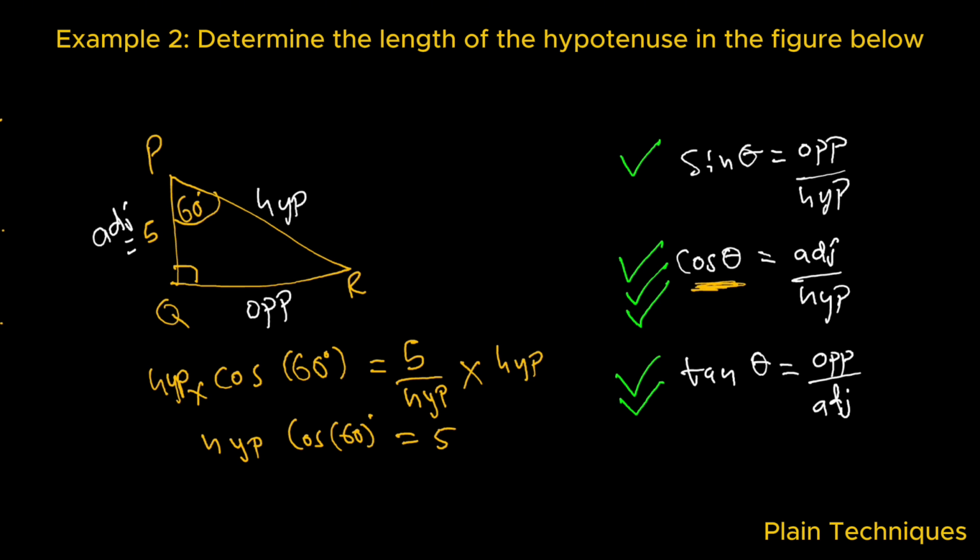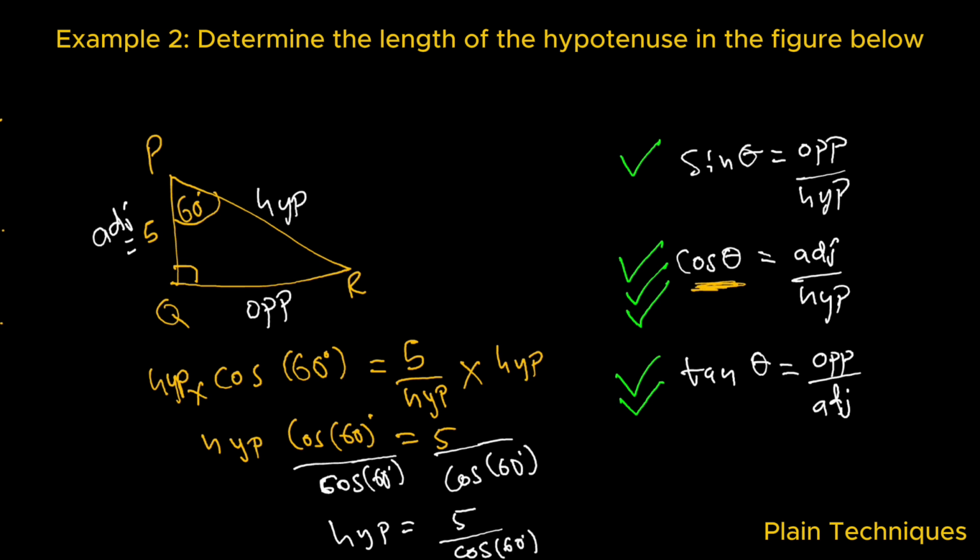I need to divide by cos 60 on both sides. Now the hypotenuse will therefore be 5 over cos 60. What is 5 over cos 60? When you punch this on your calculator, what do you get? I get 10. All right, this is my answer.